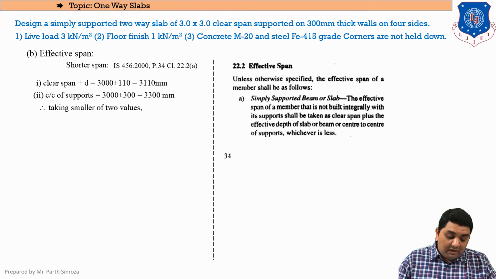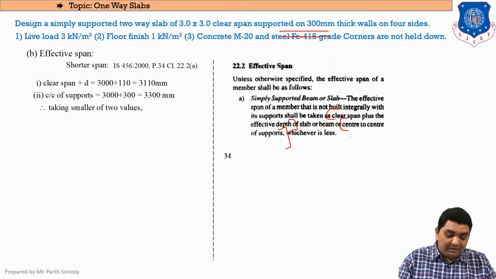The first case is clear span plus effective depth, as you can see here. And second, it is mentioned as center to center of supports. The support width is given in the question as 300 mm. If it is not given in the question as 300 mm, you can assume values pertaining to your strength.